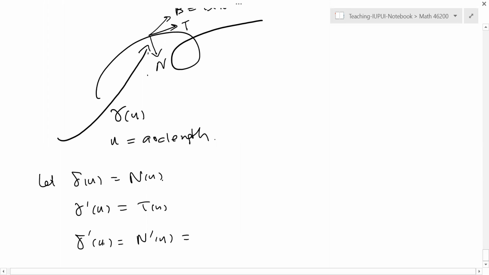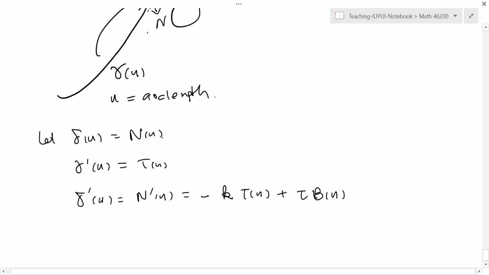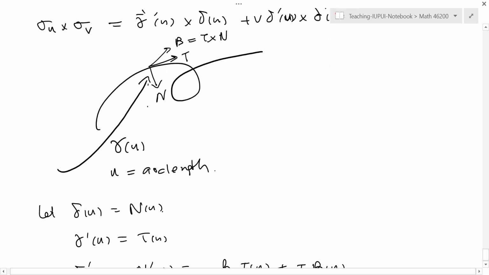So do you remember what that is? There are two quantities here. One is negative curvature times t, plus torsion times b. Okay, so let's put it back.